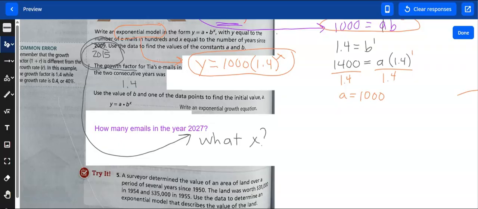How many years after 2015 is 2027? 12 years. So I would literally need to go to my equation and put in 12. Find me the value.